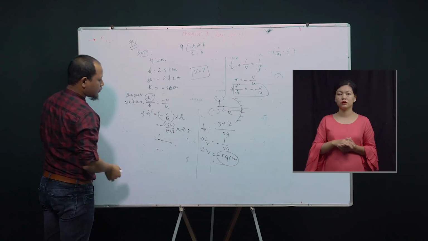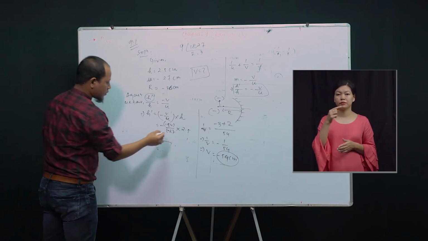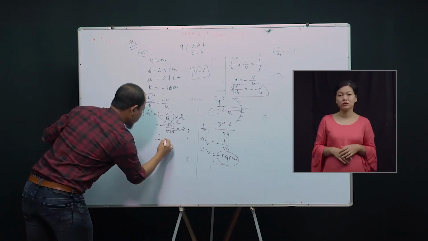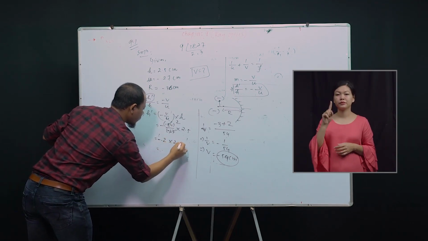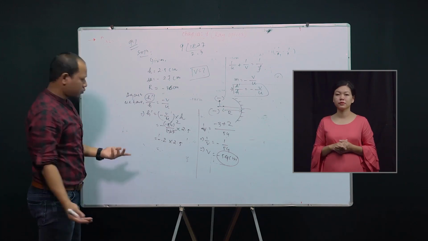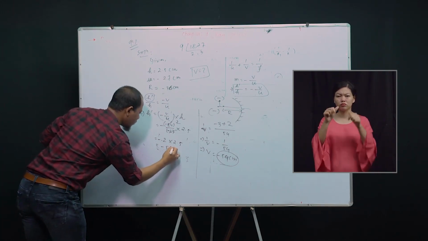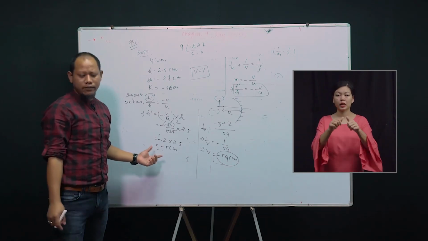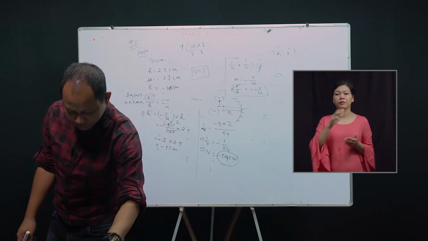If I cancel out 54 by 27, I get 2. Now 2 multiplied by 2.5 is 5. So the answer is minus 5 centimeter.